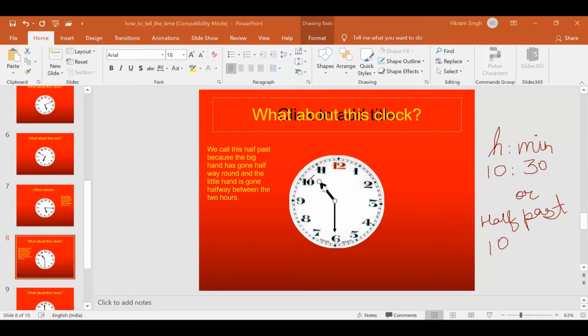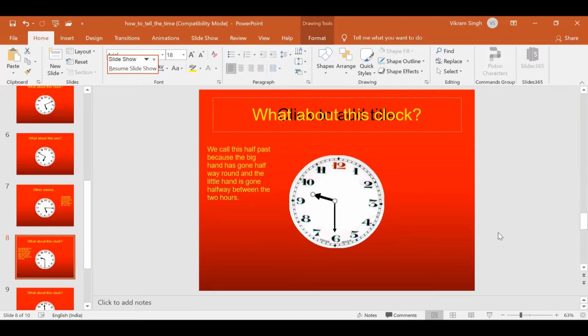Suppose the hour hand is between 9 and 10, and the minute hand is on 6. That means half past 9. Why half past 9? Half past is for minutes, right? So instead of writing 30 minutes, I'm writing half past.